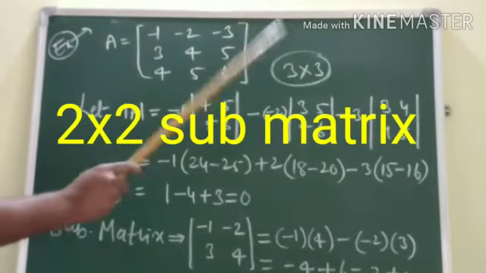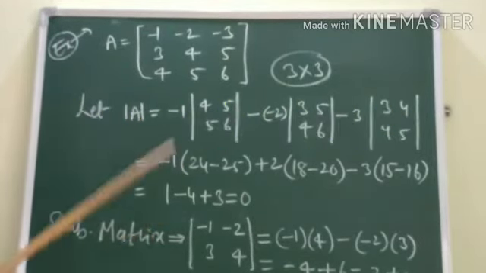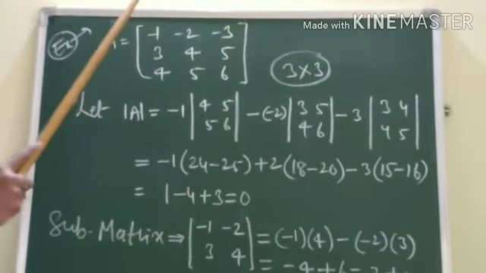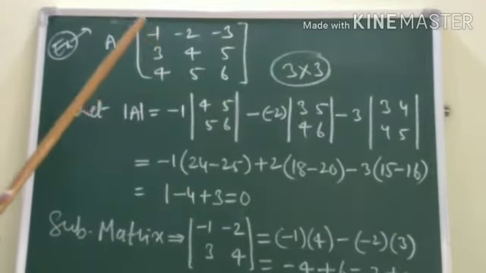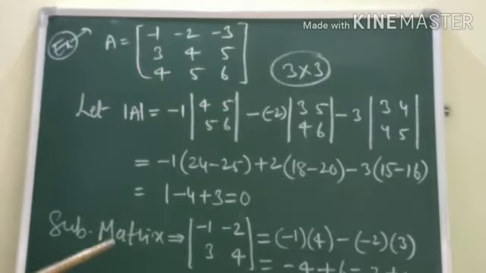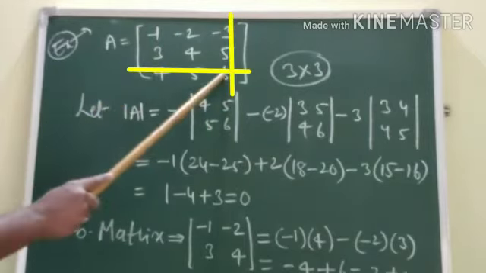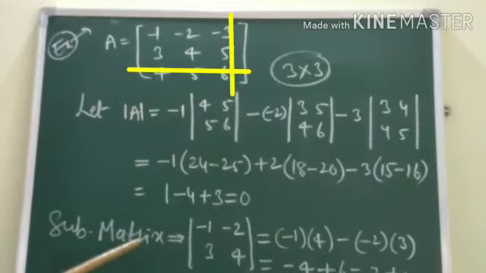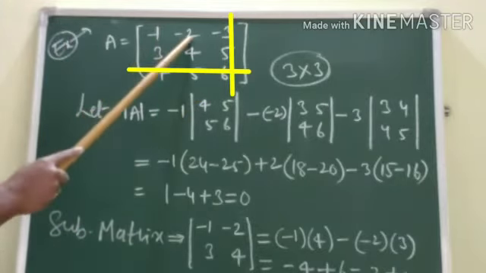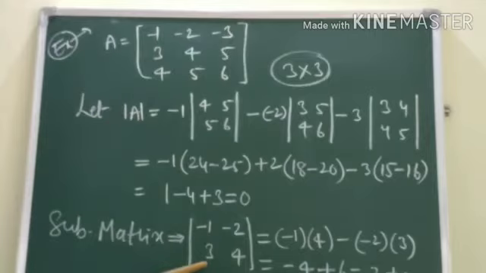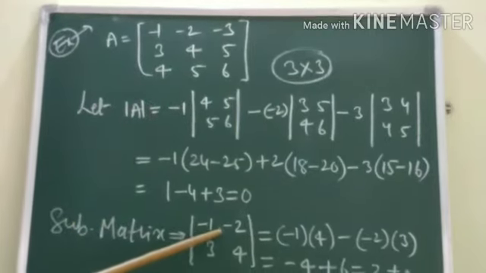Here in 3 by 3, if you go for a submatrix, if you delete any row or any column, we get a 2 by 2 submatrix only. That means if you remove third row, third column, what we get? Minus 1, minus 2, 3, 4. Or if you take any submatrix, then find the determinant. What is the determinant?